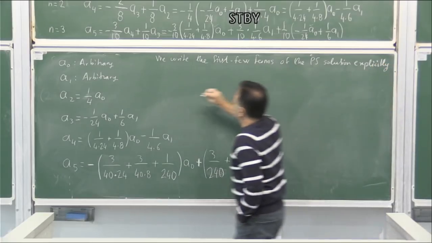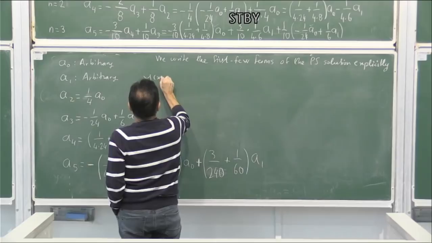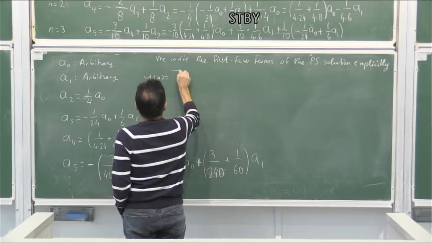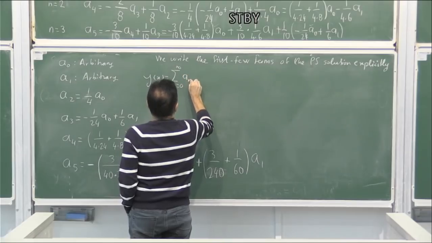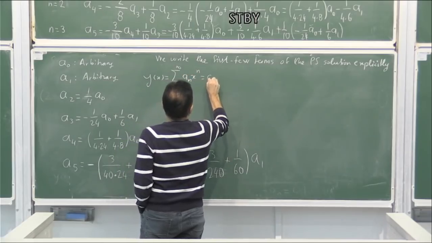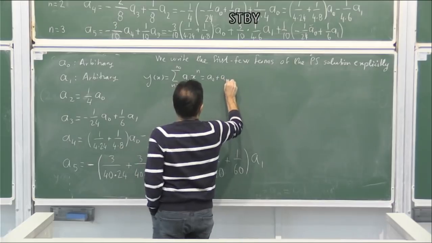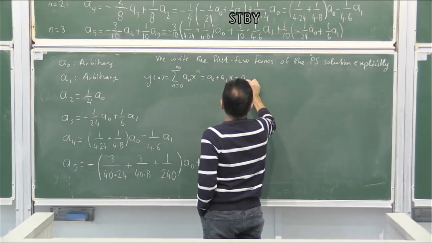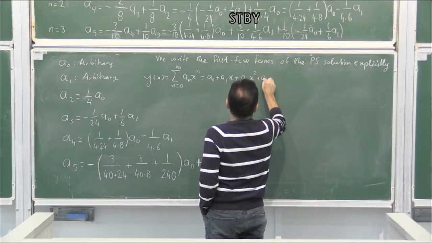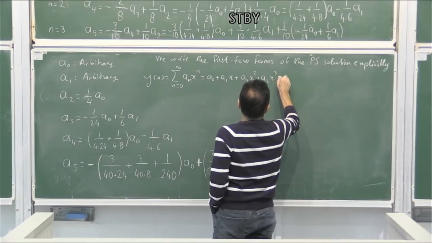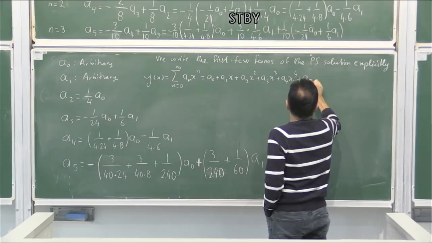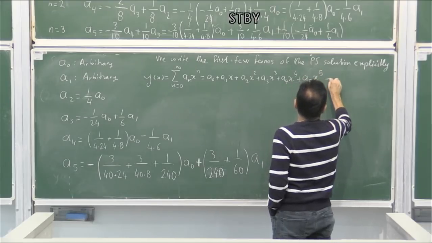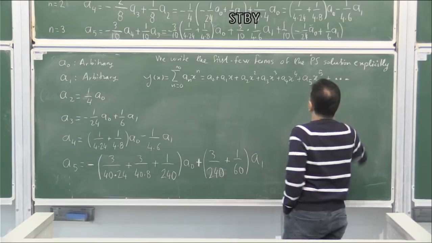In that case, that is, y of x is this one, a n x to the power n. So a0 plus a1x plus a2x squared, a3x cubed, a4x4, a5x5 plus dot dot dot.